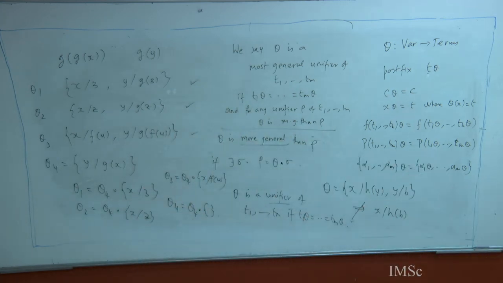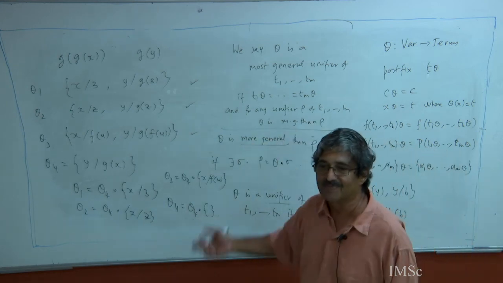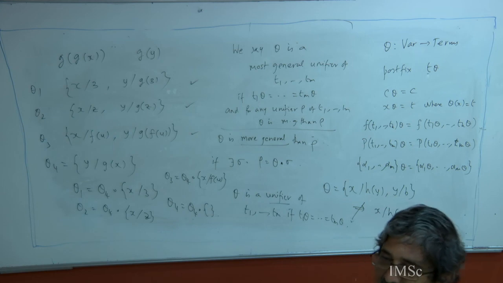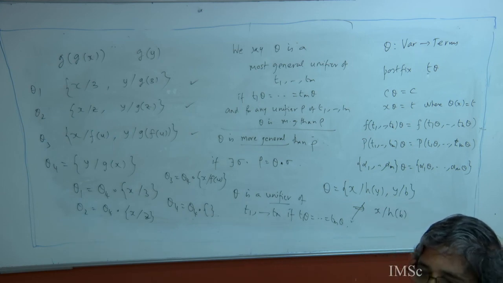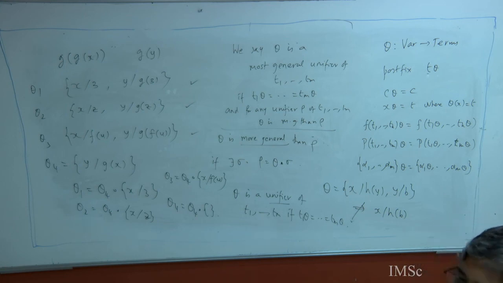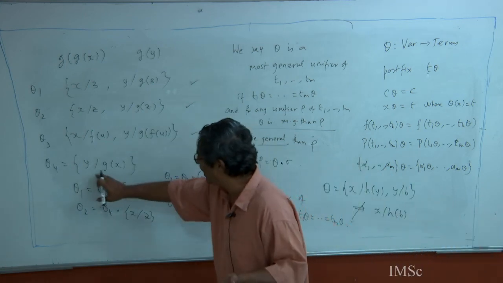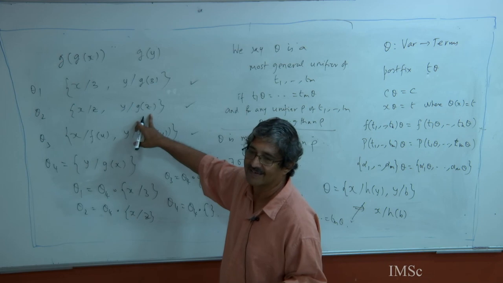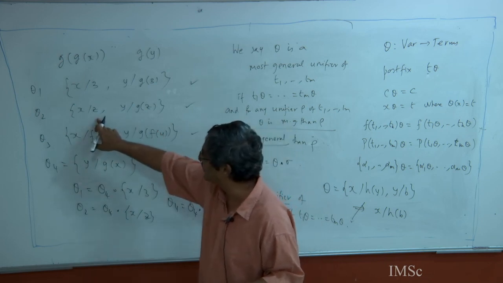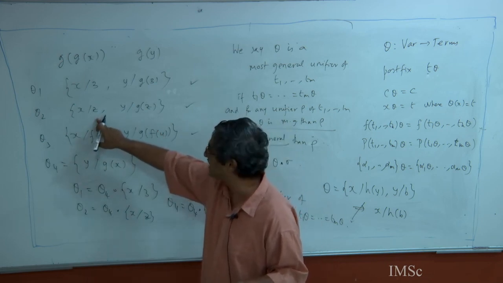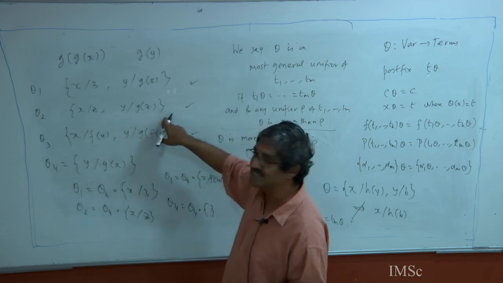And what do I say? A most general unifier. Well, you can see that two substitutions could be identical by simply using different variable names. Here, if I am writing y, I have used z here. Suppose I have another substitution, theta 2 prime, which is x by u and y by g of u.